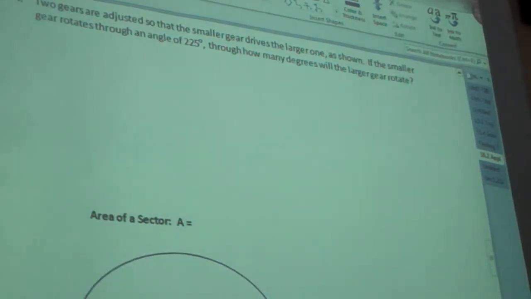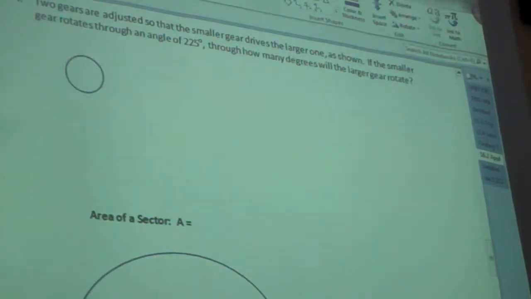Alright, you need a diagram for this, because I leave out some information. Two gears are adjusted so the smaller gear drives the larger one, as shown. So basically what we have is this small gear.